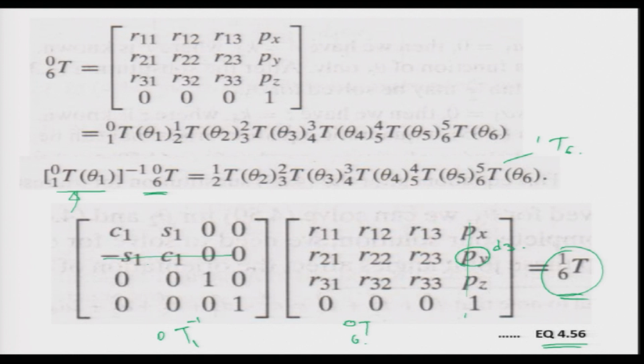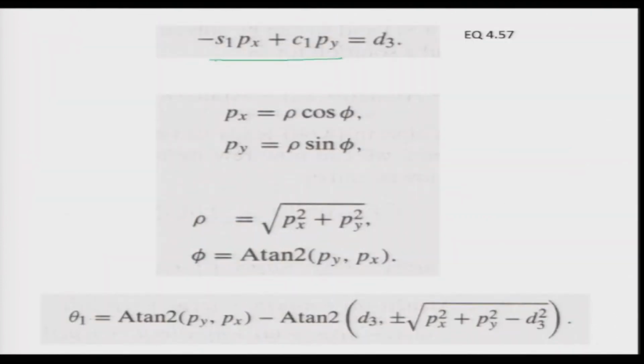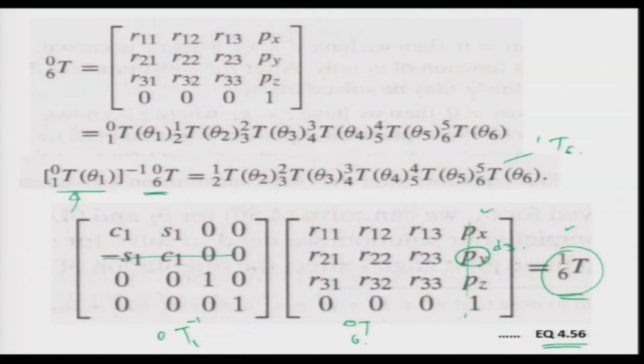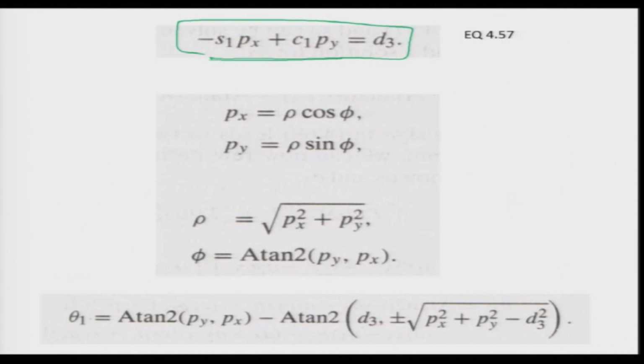So, I take this and multiply with that, and then equate this side with that side. I am simply multiplying this row with this one, because I want to equate this term of the left hand side with that of the right hand side. And what we get is this term.